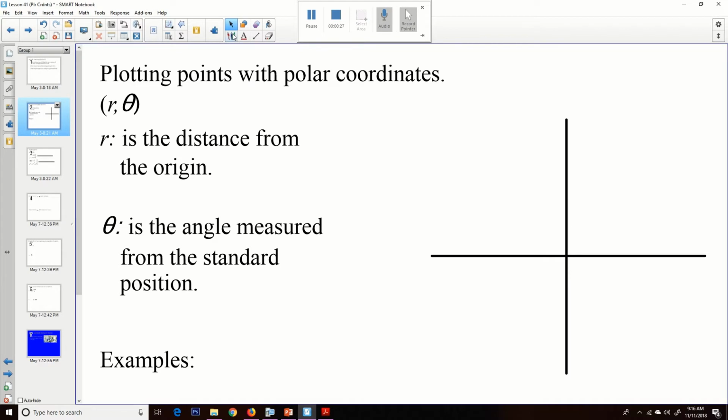Now, you are used to seeing coordinates listed in x, y form. It's almost like a tic-tac-toe system where everything to the right along the x-axis is positive, and to the left is negative, and then up on the y-axis is positive, and down on the y-axis is negative.